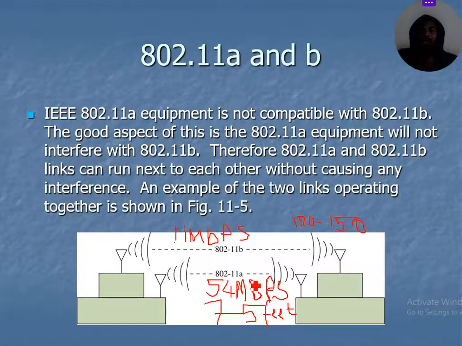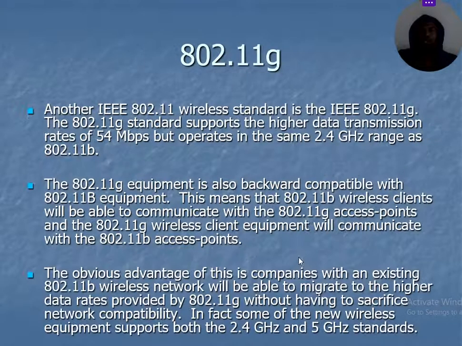And the bandwidth of this one is huge. The bandwidth of 802.11a is 5 gigahertz compared to 802.11b, whose bandwidth is just 2.4 gigahertz. Okay, let's move on to the next one.